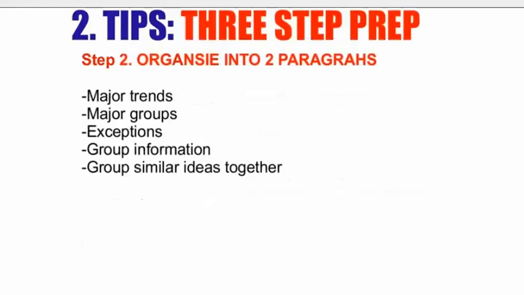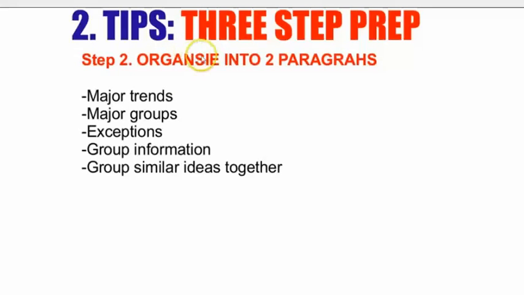Step 2, organize this information into 2 paragraphs. Small mistake there, sorry. So following the 4-paragraph model, the first paragraph is a paraphrase of the title, and then we've got 2 body paragraphs.